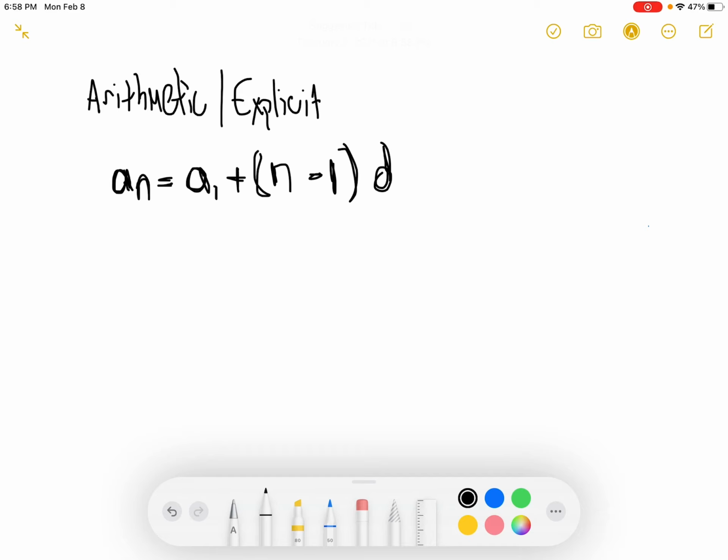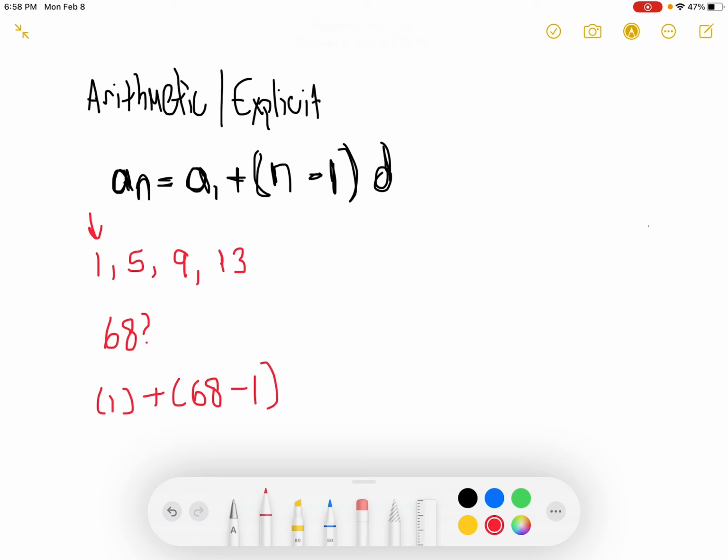So let's look at an example using this formula. So let's say we had 1, 5, 9, 13. What is term number 68? Okay, so let's plug in A_1. First term is 1, so we just plug in 1. Plus n, we're trying to find number 68, minus 1, times the common difference.